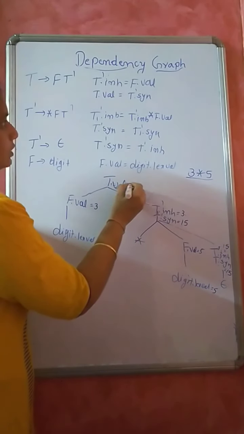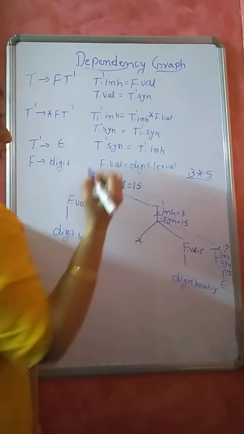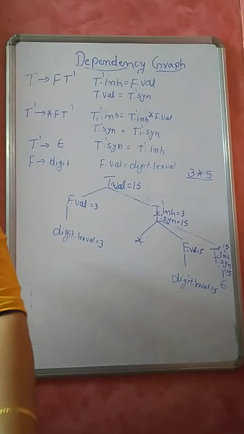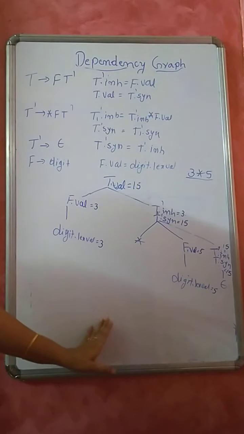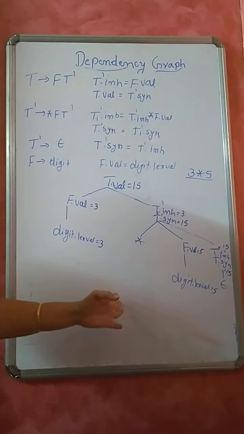Both are the same. So it is T dash synthesis, which is 15. This example I have already explained in the previous session also, so it is just a revision. So this is the annotated parse tree. Previously what I wrote was a parse tree. This is an annotated parse tree.